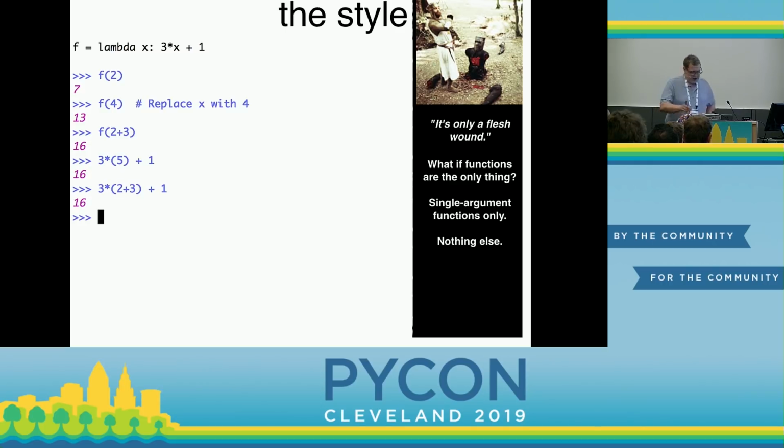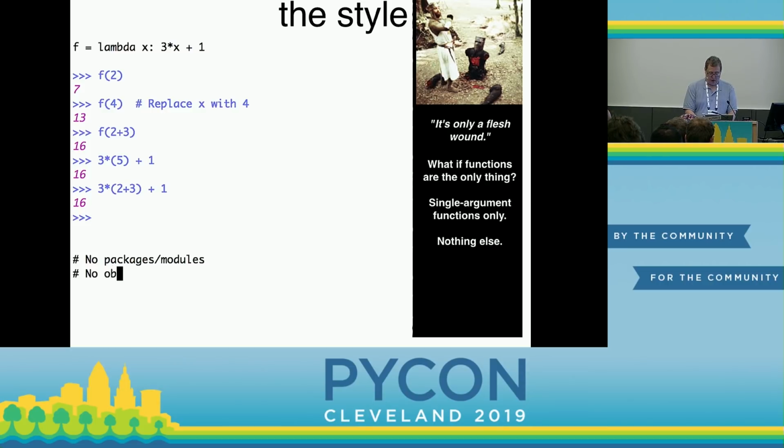Imagine you had Python. You're going to do the scene from the Holy Grail on Python and start chopping away non-essential parts. I'll help you out here: no packages or modules. That would solve a lot of problems, right? You get rid of that.